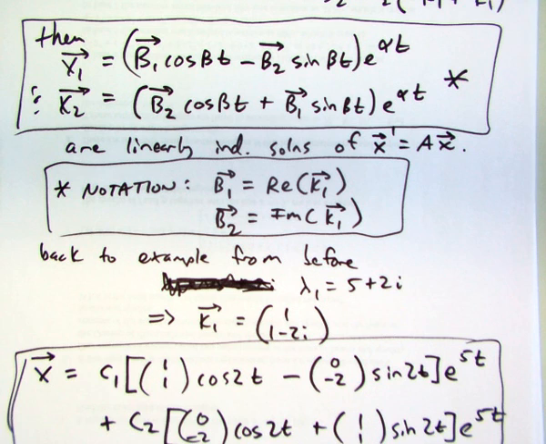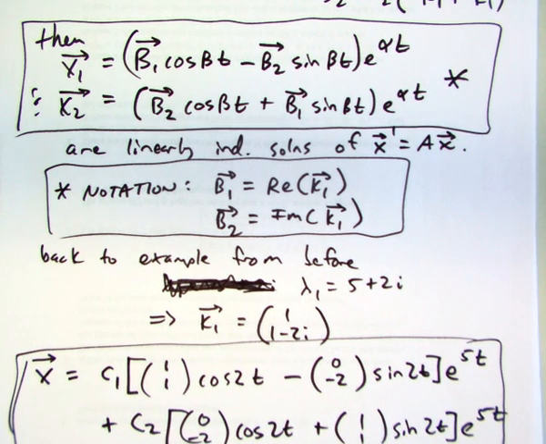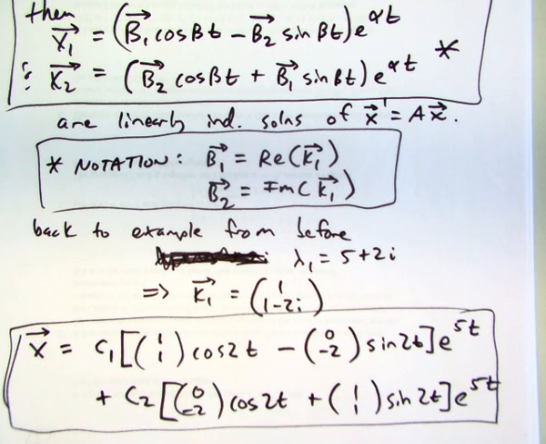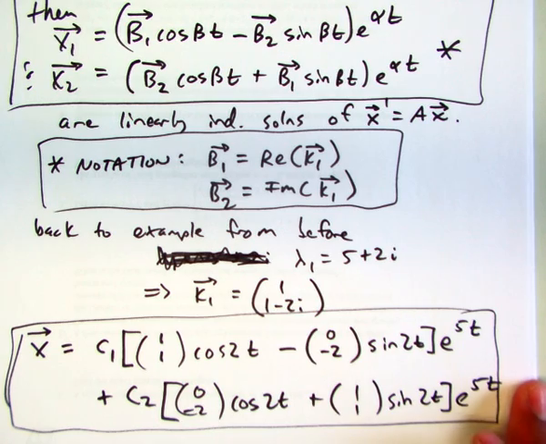Alright, we should have enough time to finish. So, this takes care of all the scenarios where you have distinct eigenvalues, which means for a 2 by 2 system you have 2 different eigenvalues, 3 by 3 we have 3 different ones. We have yet to discuss systems where there's only one eigenvalue that's repeated.